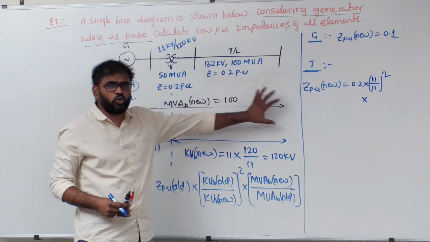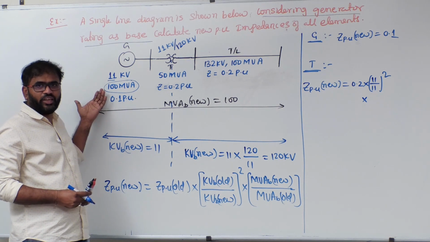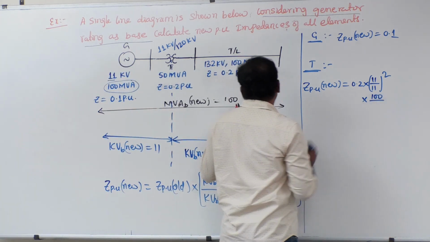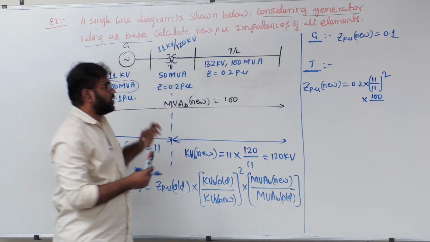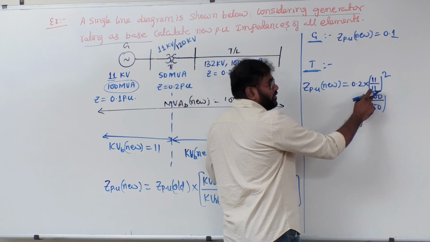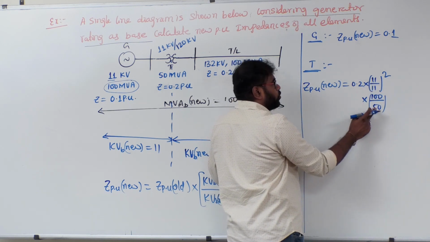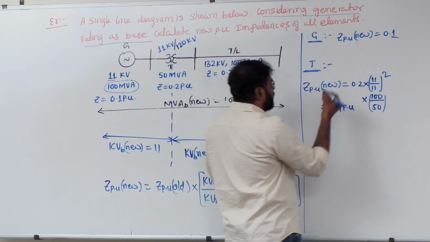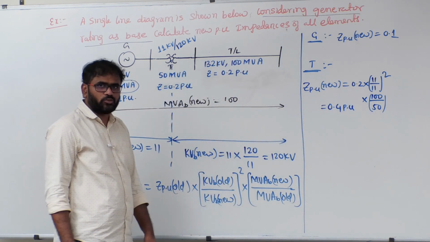For the complete system, the new MVAB is the generator MVA, which is 100. What about MVAB old? 50. So what do I get now? (11/11) squared, times 100 by 50, times 0.2, which is 0.4 per unit. That's Z per unit new for the transformer.